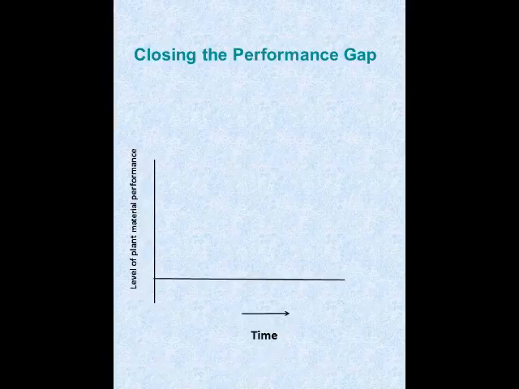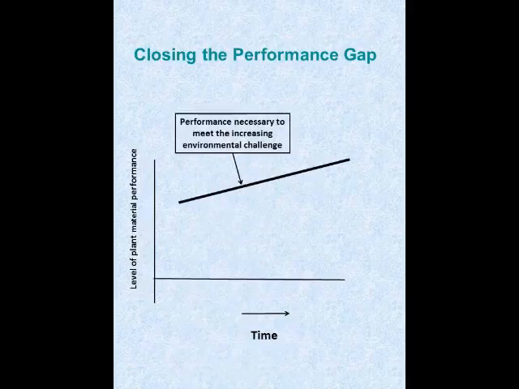What we need to do is close this performance gap. So we have time here on the x-axis and level of plant material performance on the y-axis. As these problems continue and accumulate, the performance of the plant material necessary to meet the increasing environmental challenge is increasing. And so we're seeing this in our systems.